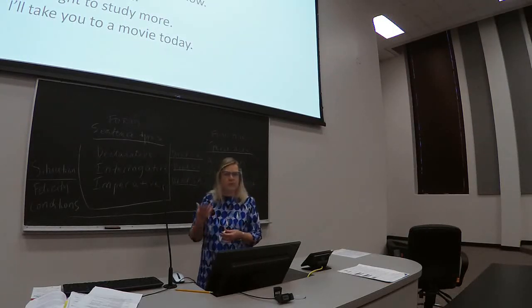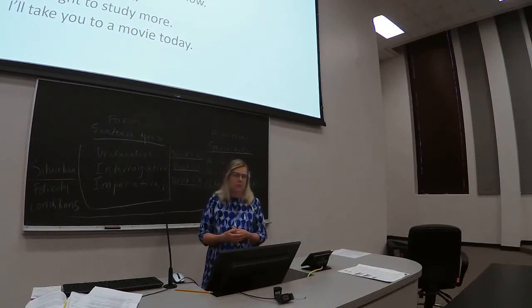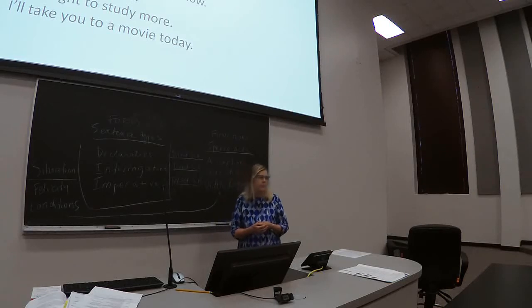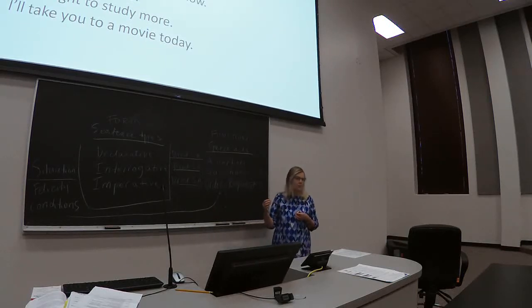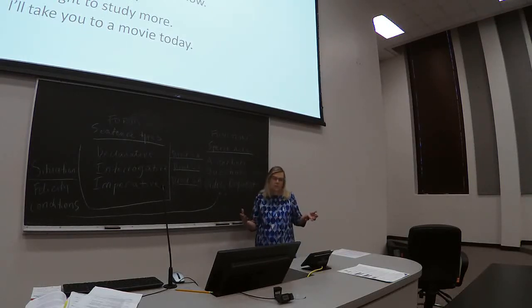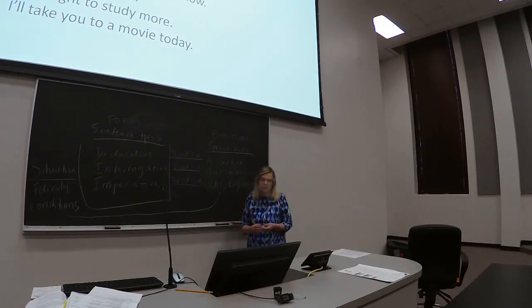So let's think about the most likely scenario. Jack is my cousin. What is the sentence type? Declarative, and what is it most likely doing? Speech acts do things. So what is the speech act? Assertion. You just say to your friend, "Oh, Jack is my cousin." You're making a statement, making an assertion.